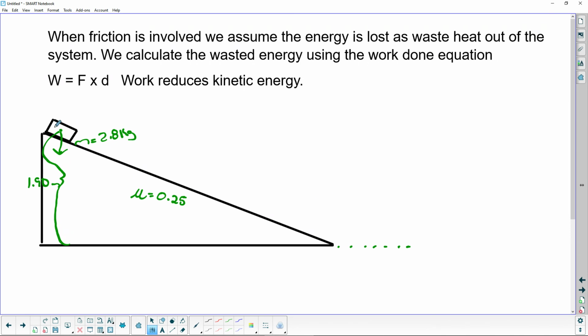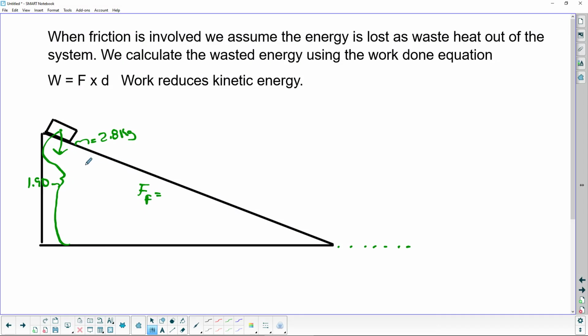Now, typically, to get the force of friction, we need the force that's going this way. So a lot of times, you kind of need to know what this angle is, but I'm just going to give you the force of friction. Let's do it a little bit simpler. Let's not bother with constant. Let's say the force of friction is already given to us.